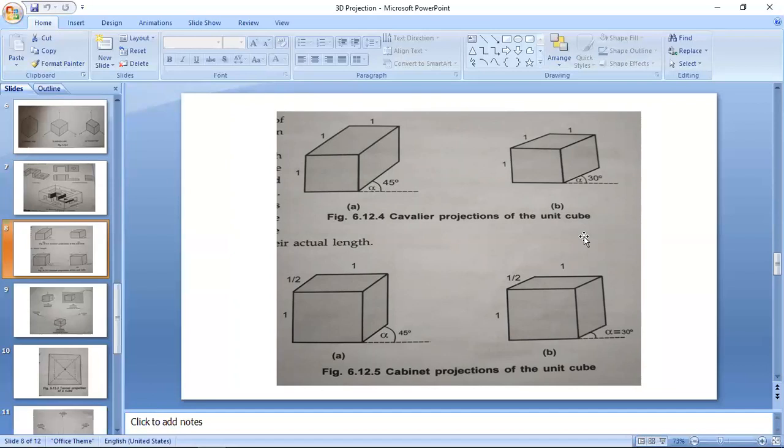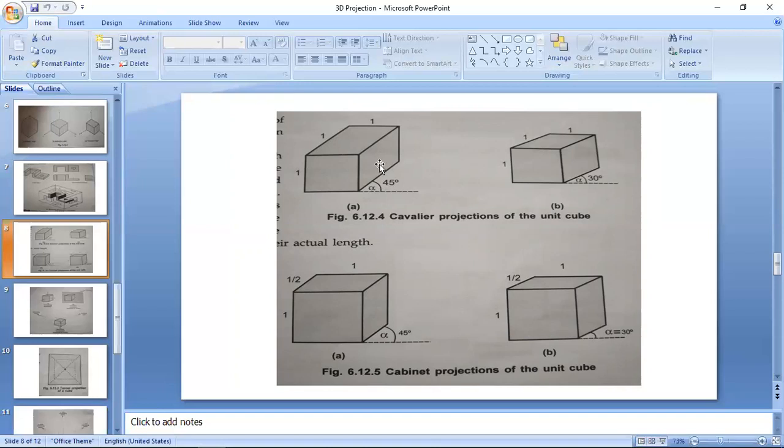In the previous isometric or dimetric or trimetric views, we have seen some of the axes, some of the edges of your object will get foreshortened. So that is not the case with the Cavalier one, in which there is no foreshortening.